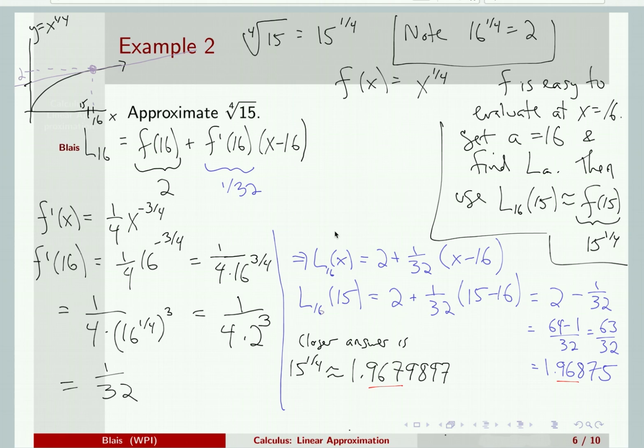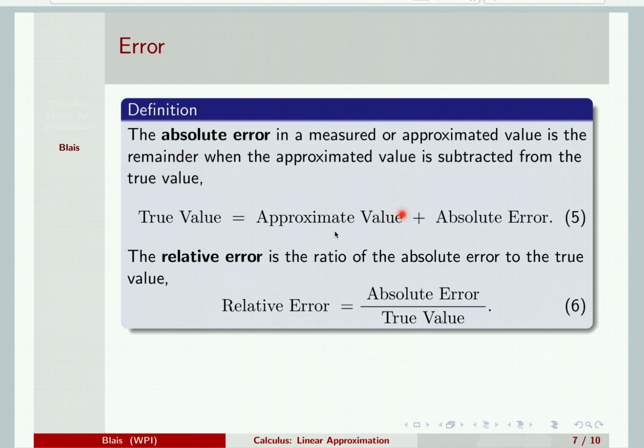Now, that being said, an approximation is only any good if you can say something about the error. We won't talk about the error approximations here. This is something that you'll learn, again, when you study Taylor series. But we at least want to define what we mean by error. And so we have 2 versions of error that we look at. One is the absolute error, which is kind of the natural thing to think of.